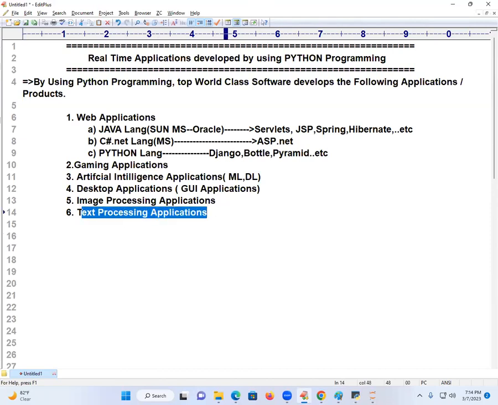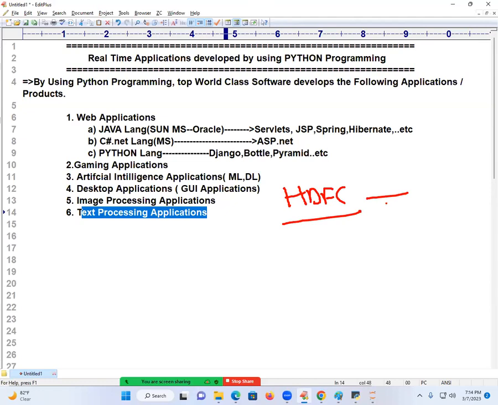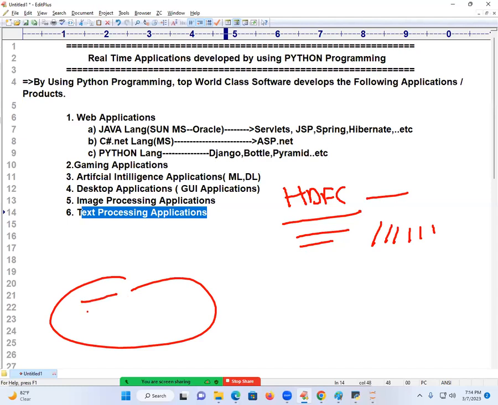Very easy. Suppose you go to an HDFC ATM, one of the examples I am giving. After keeping your card, one voice will come, correct? Please enter your PIN number or choose the option. After getting some cash, withdrawal is successful. Please take the cash. Please collect your card. Some messages will come or not. That means originally some sentences they are writing.